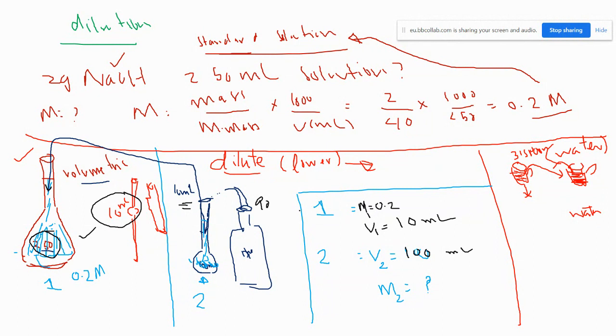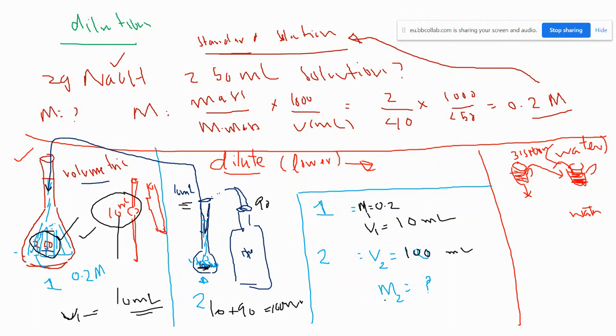So V2 is the volume of water you added plus the volume taken for dilution: 10 plus 90 equals 100. This is my V2. But V1 is not the volume of this flask. V1 is the volume you take out for dilution. This is the important step here.